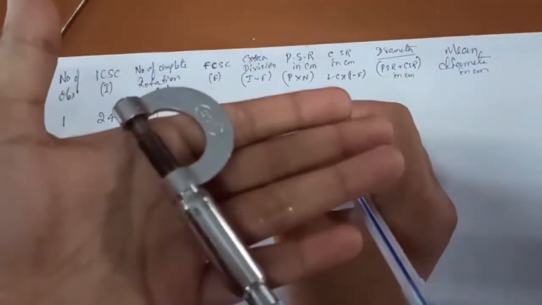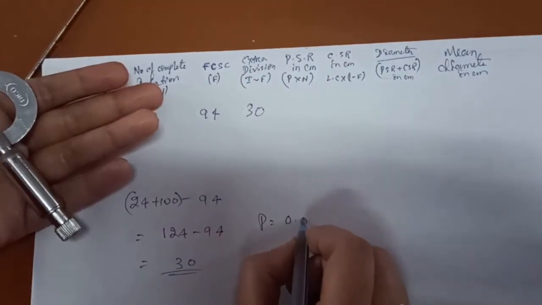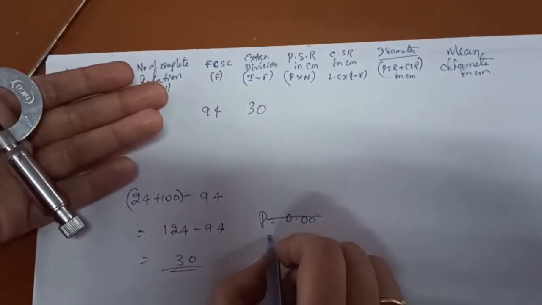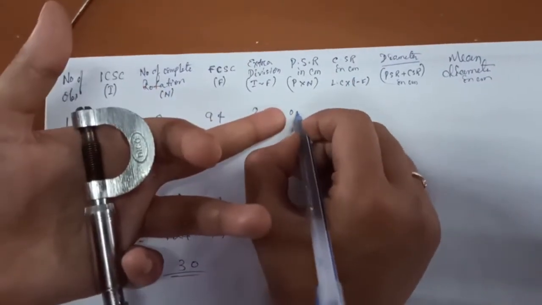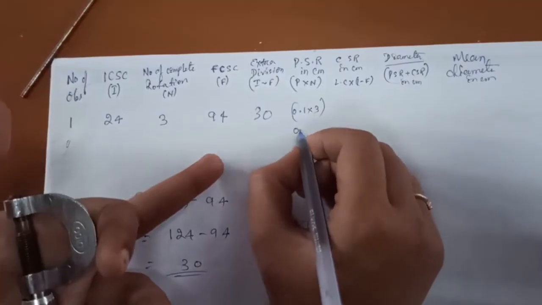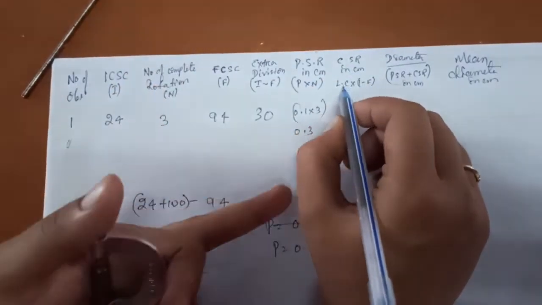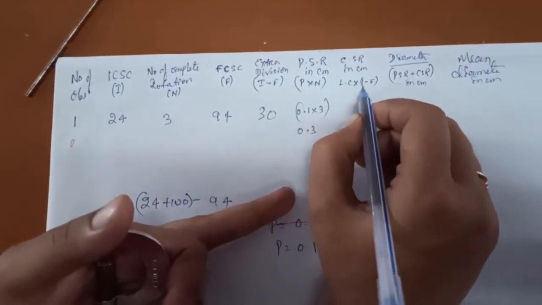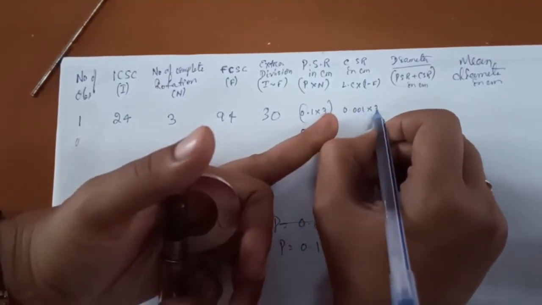The pitch of this instrument is 0.1 centimeter. So you have to multiply 0.1 into 3. You will get 0.3. Then the circular scale reading is least count into the extra division. Least count is 0.001 into 30.